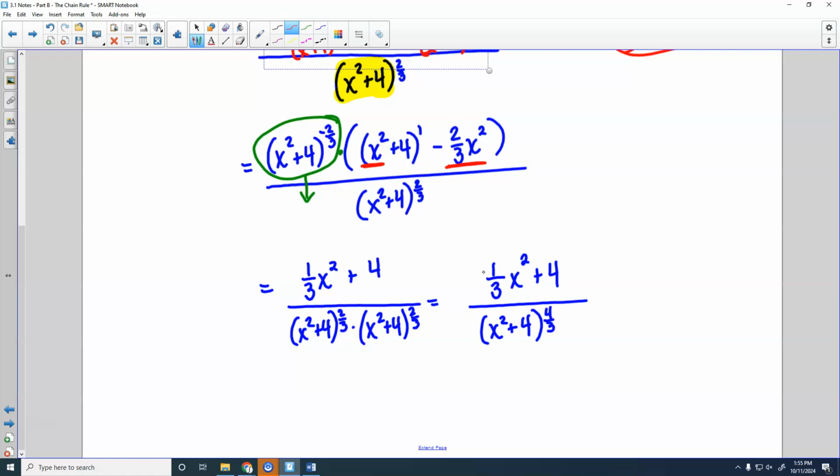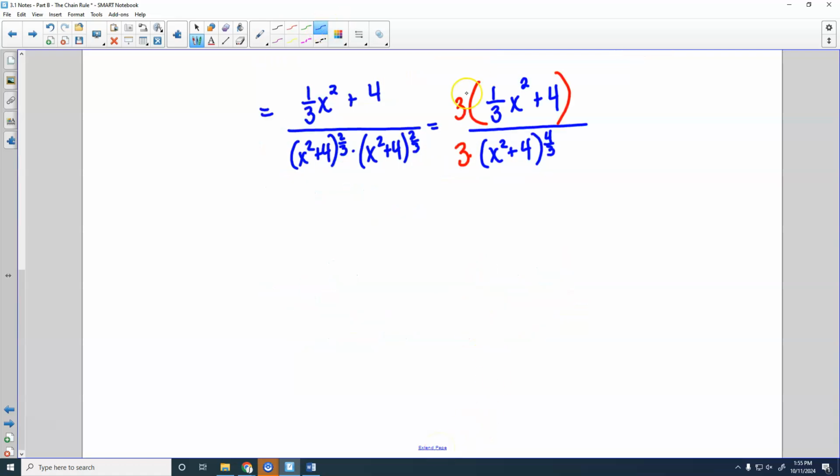You could get common denominators. Yes, that would work. But Tyler's idea is easier. If I multiply by 3 here, that's perfectly fine as long as I also multiply the denominator by 3 as well. And if I distribute that 3 right there, 3 times 1/3 is just 1. So I'll get x squared, and 3 times 4 will give me 12.